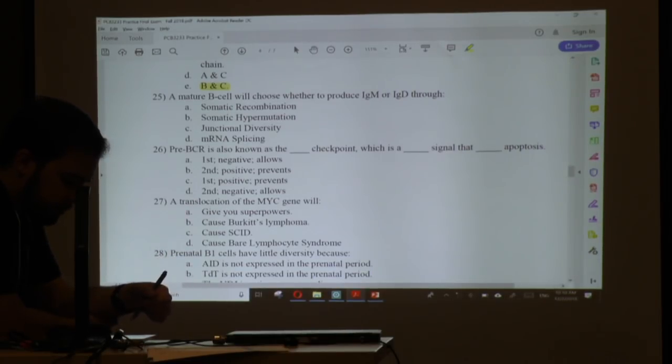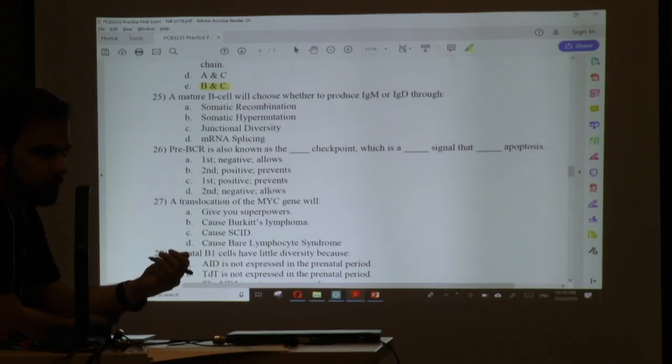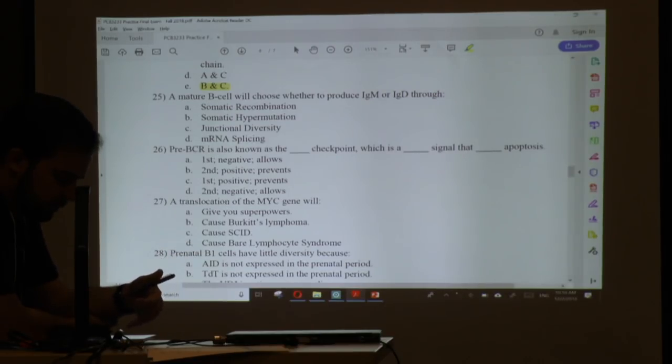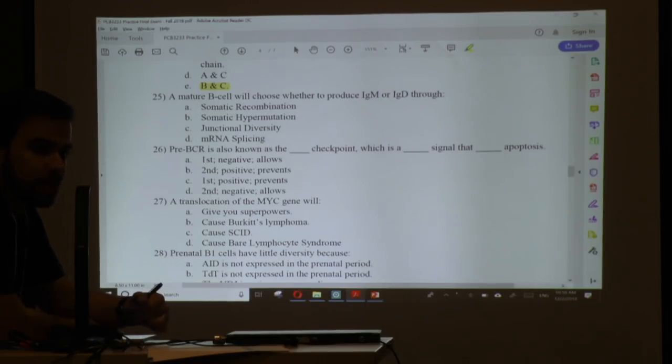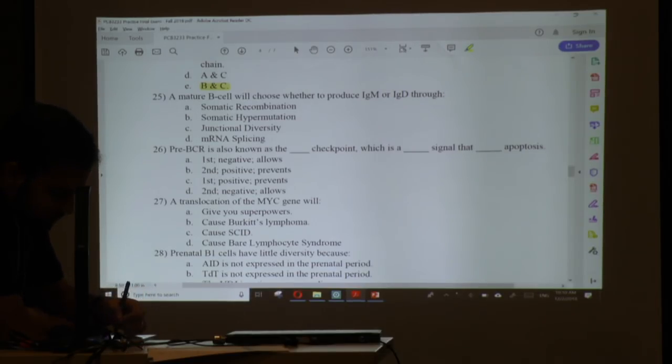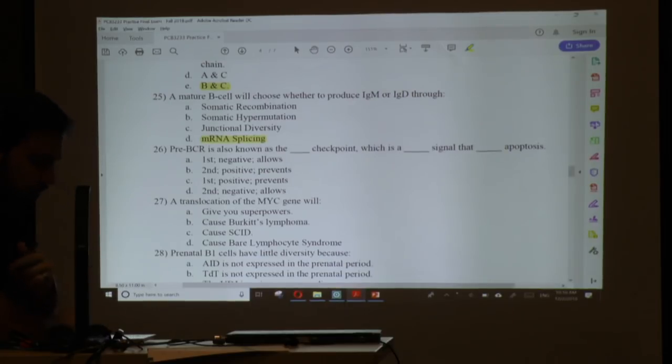Oh, this is another question. We already answered this from, I don't know, one of the first few questions, but basically it's asking, a mature B cell will choose whether to produce IgM or IgD through mRNA splicing. So this is the other thing that you can choose as a B cell to do through the mRNA. One of the things was secreted or membrane bound.